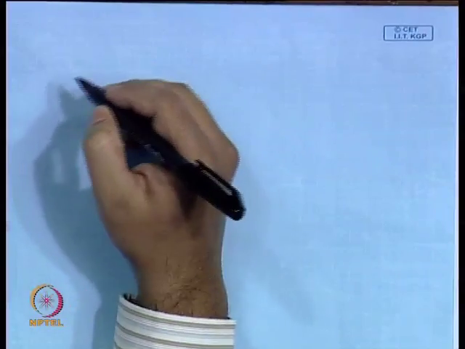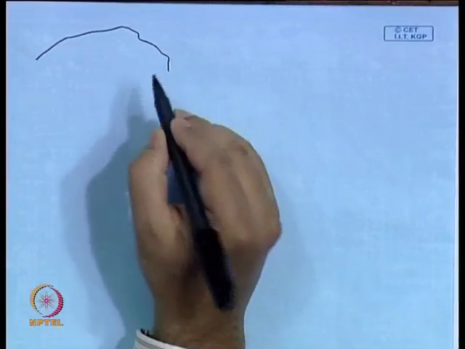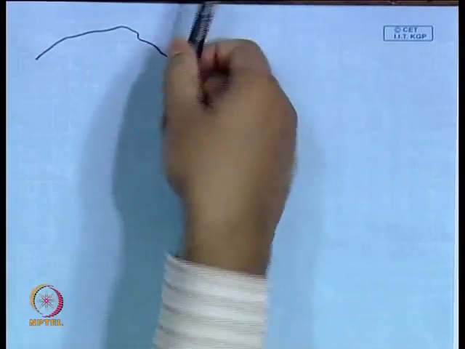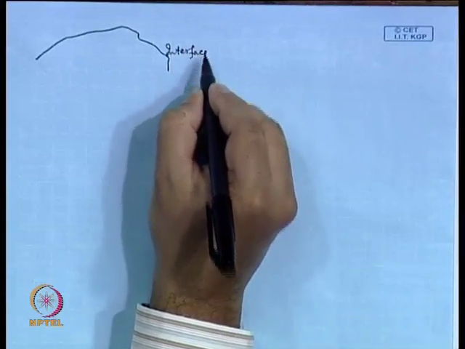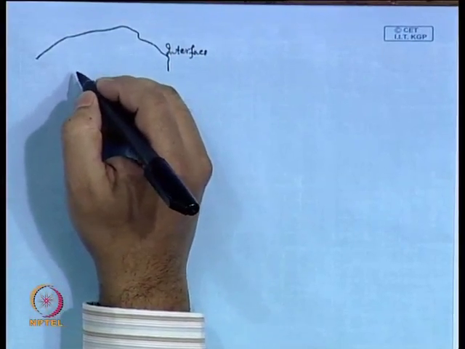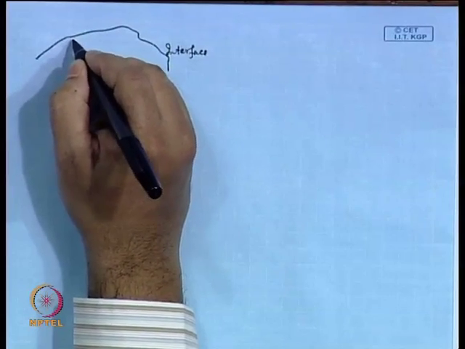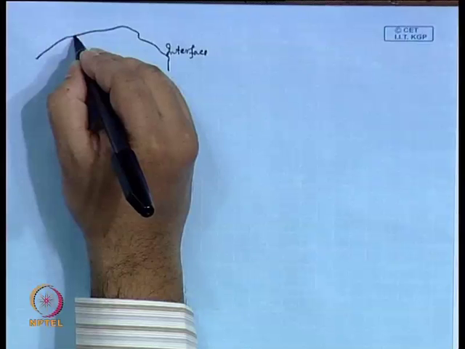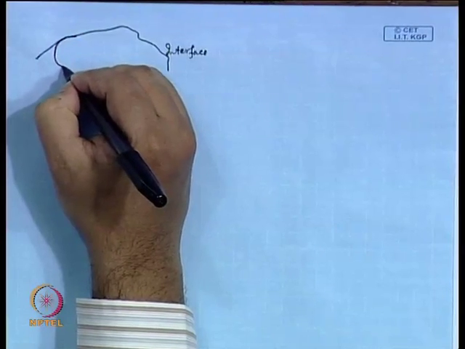You can have a curvature which will run like this, or you may have an interface which will be something like this. This may be the interface. So, you have to make note that you can have something called a curvature.